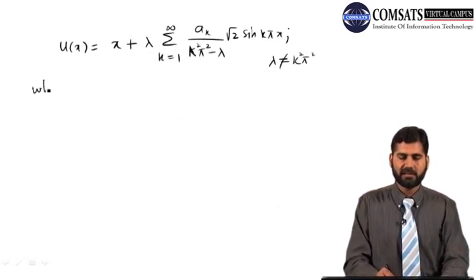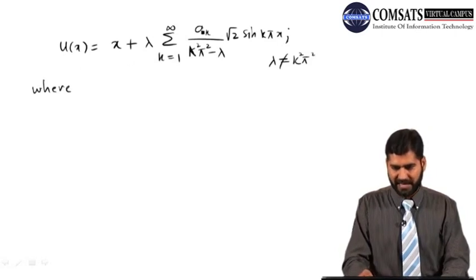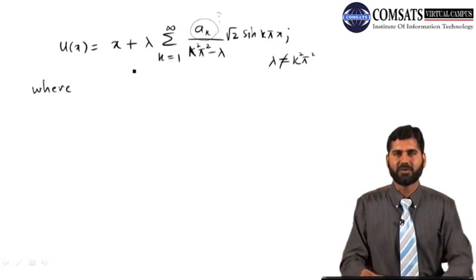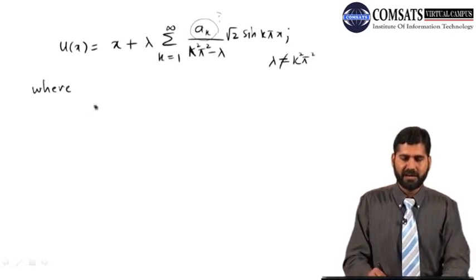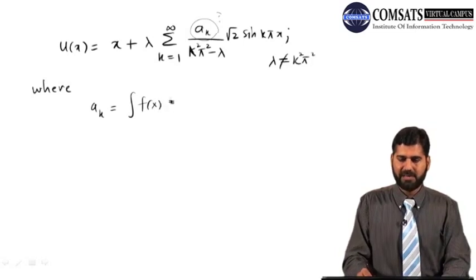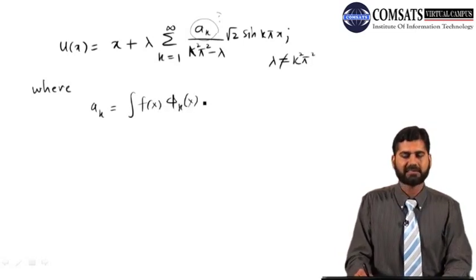Now what is still unknown here? This a_k is still unknown. So we need to find a_k, where a_k is nothing but the integral from 0 to 1 of f(x) phi k of x dx.